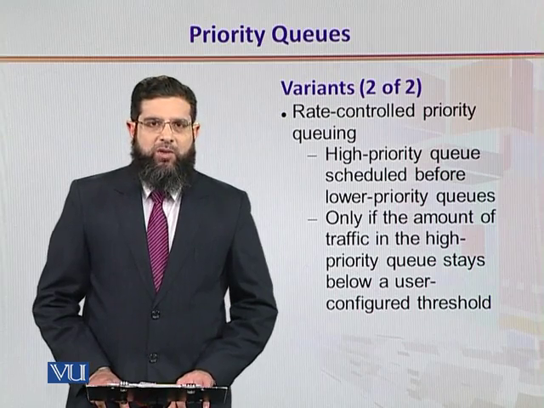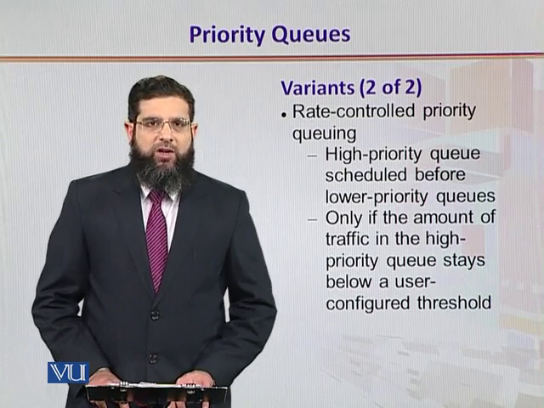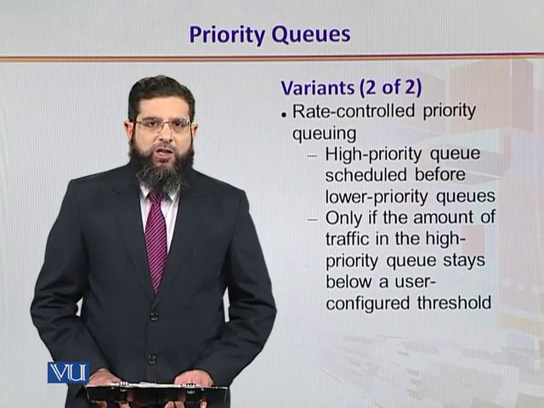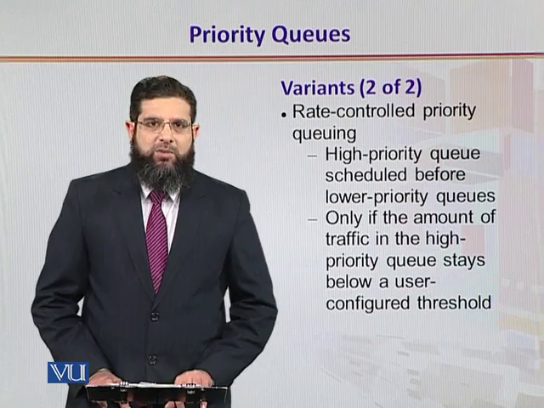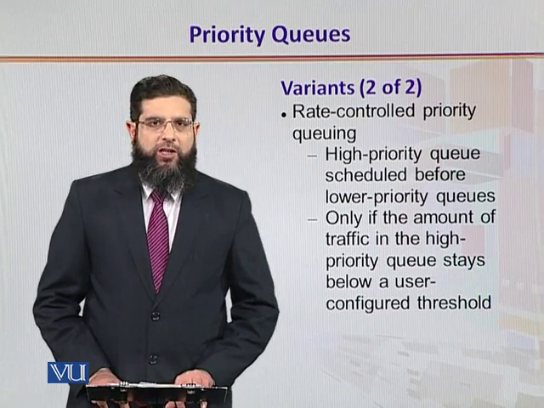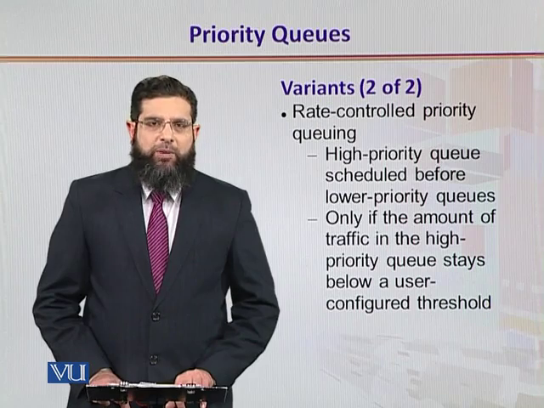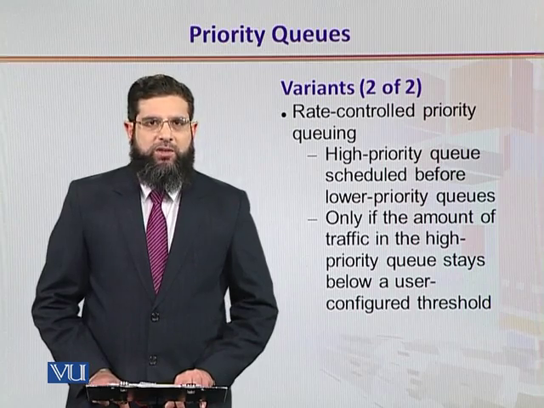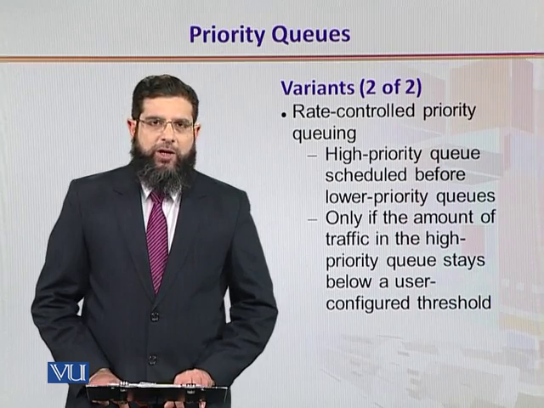It means the network is only going to give high priority queue priority if the high priority queue does not exceed a certain number of packets. If the number of packets in high priority queue consistently are coming in at a very fast rate, the low priority queue packets have to be treated eventually. And that is why it is called rate controlled priority queuing.